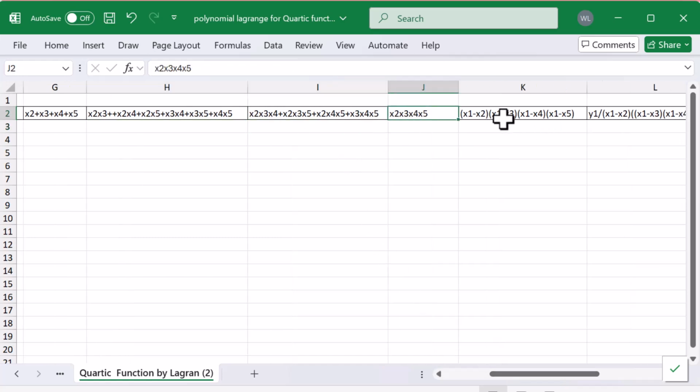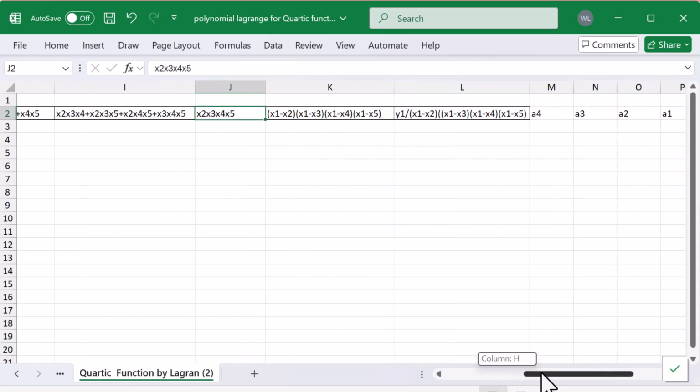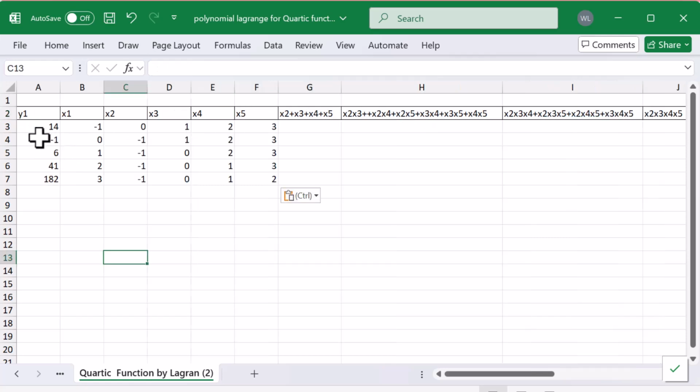Then we need to figure out this product, x1 minus x2 times x1 minus x3 times x1 minus x4 times x1 minus x5, and also use y1 over this product. First of all, let's type in the values of the 5 points.